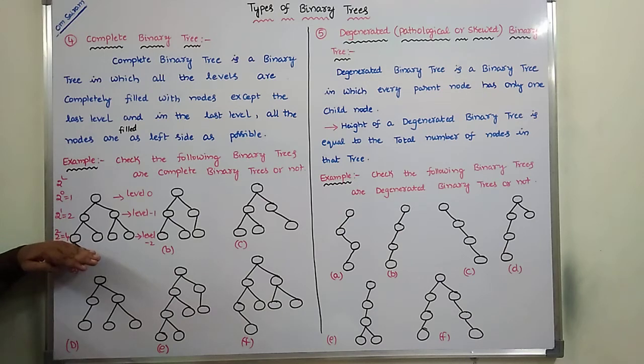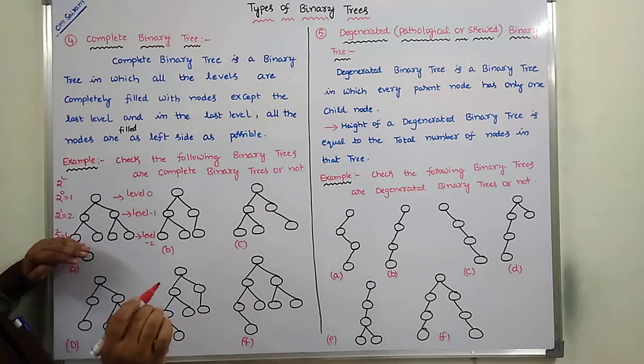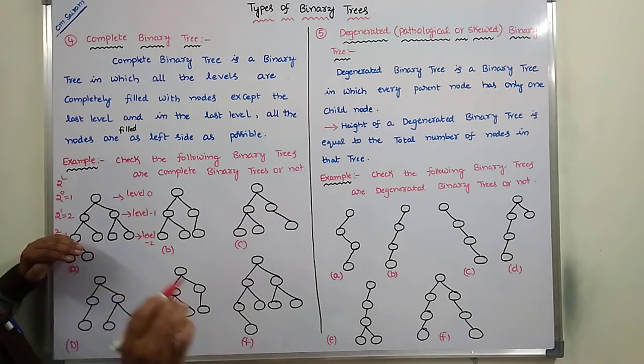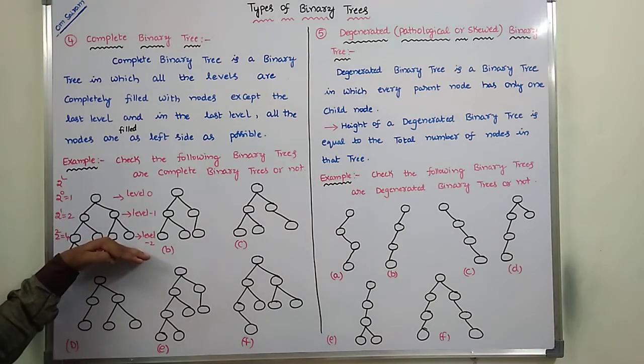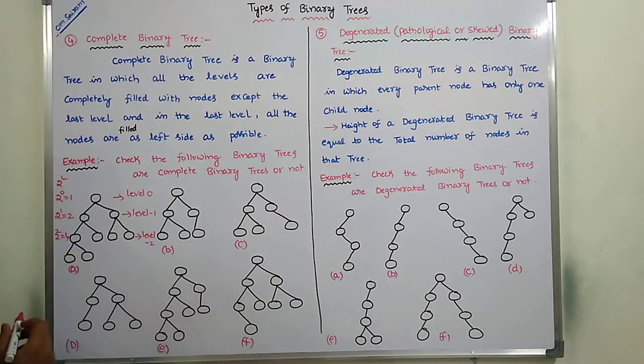A complete binary tree is a binary tree in which all the levels are completely filled with nodes except the last level. In the last level, the nodes are filled as far left as possible. Up to level 2, all the levels are completely filled.